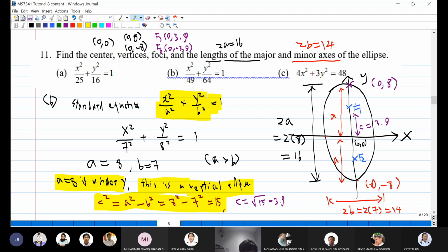So question 11. Okay, question 11c, I leave it for you, all right? That's similar to the note example, so I leave it for you.